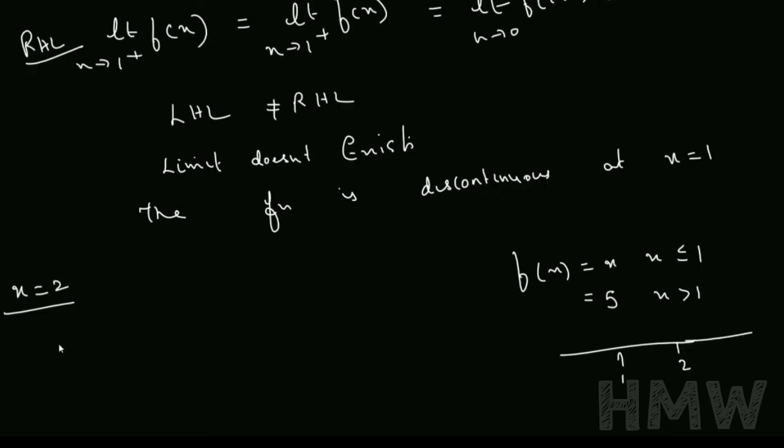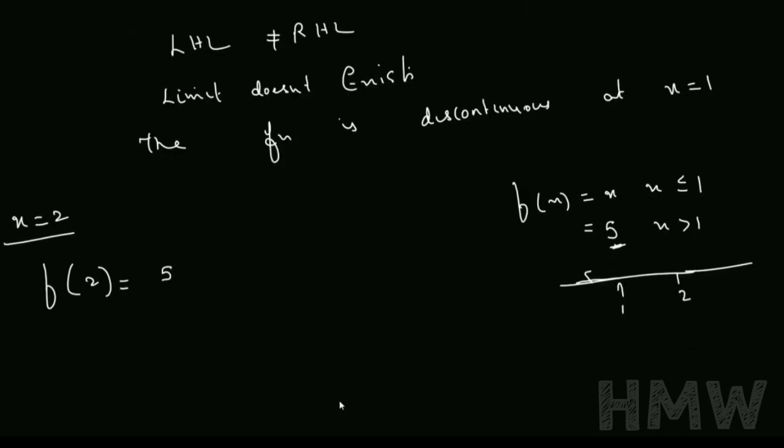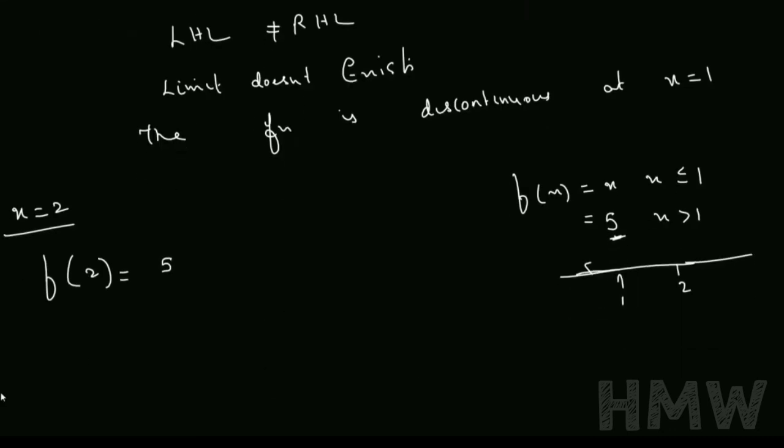So let us first find f of 2. For f of 2, it is not identity. Less than 1, it is identity. Greater than 1, it is a constant. It's not depending on the variable here. So f of 2 is equal to 5.